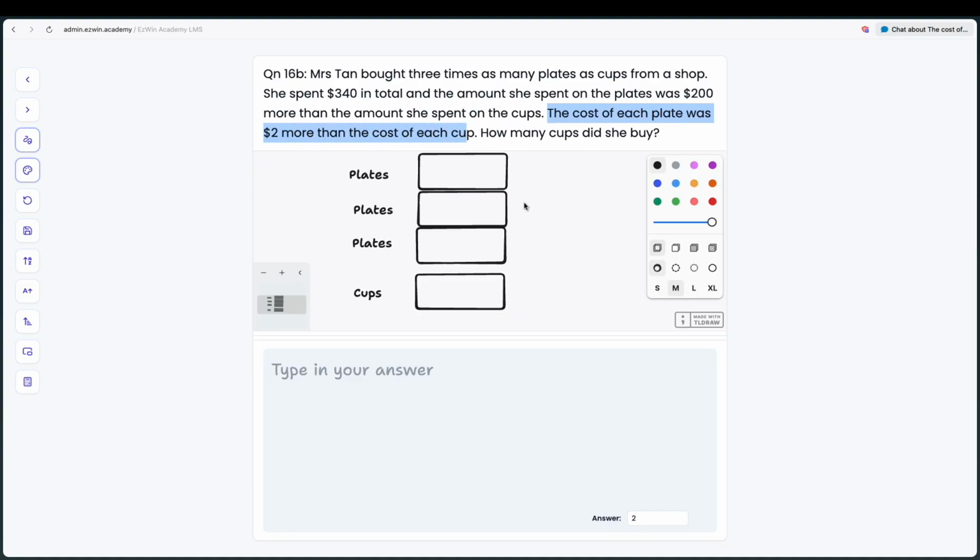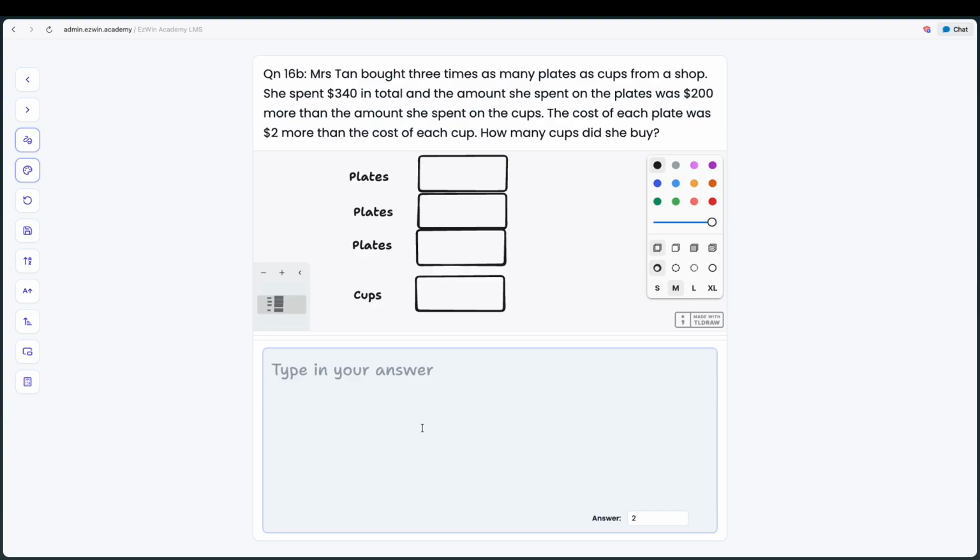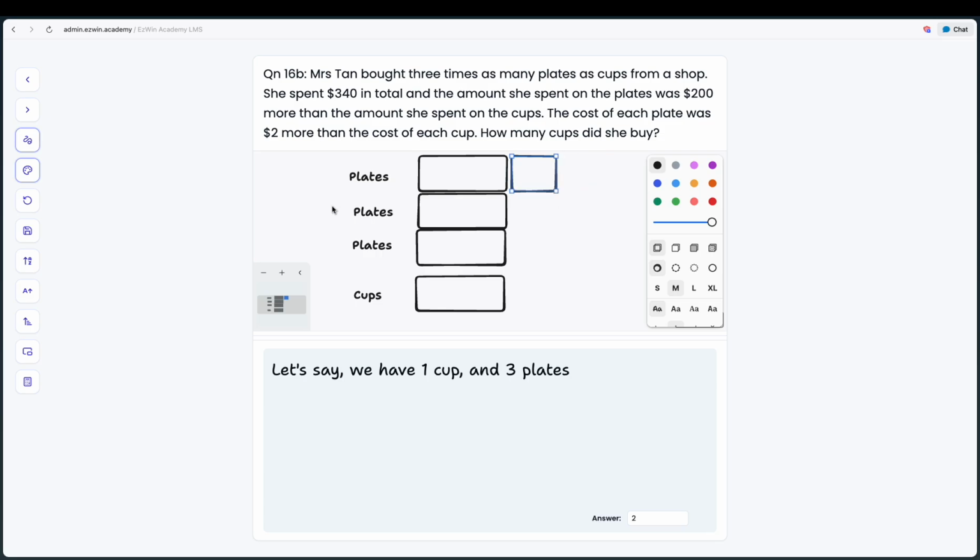So let's say we have 1 cup and 3 plates. Pretty straightforward. So that means for these plates over here, we have $2 more than each of the cups. So $2 more, $2 more, $2 more. Okay, so let's say we have 1 cup and 3 plates.